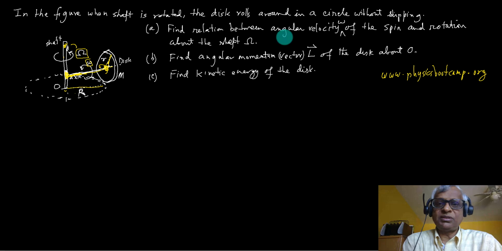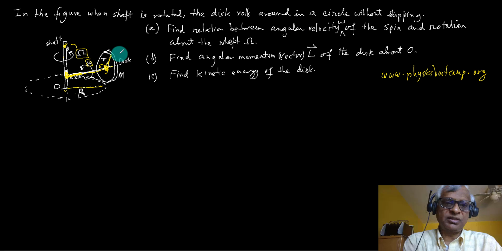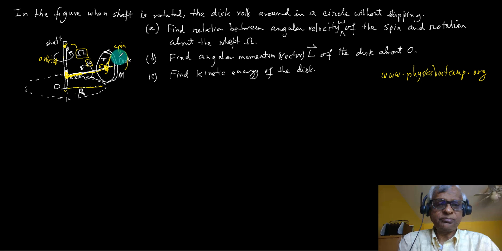So this is the question, and maybe you want to try to work on it. Just as a hint before you go work on it yourself: this is a spin motion, and this is an orbit motion. So this is called orbital, and this is called spin angular momentum.